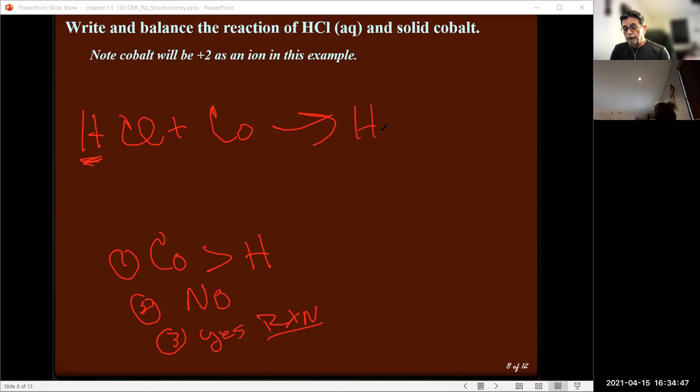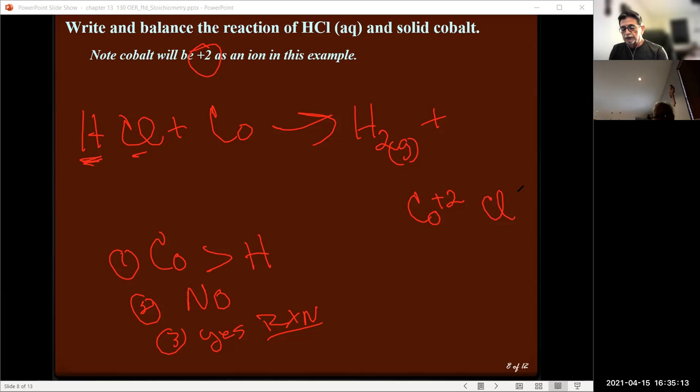Okay, so we replace the cobalt with the hydrogen. Obviously, in doing that, hydrogen now goes back to the elemental form, and cobalt, as we were told, now is in the +2 state. But before we put it together, write them on the side in the ionic form before we put it together in the formula. And obviously, the anion would be the chloride.